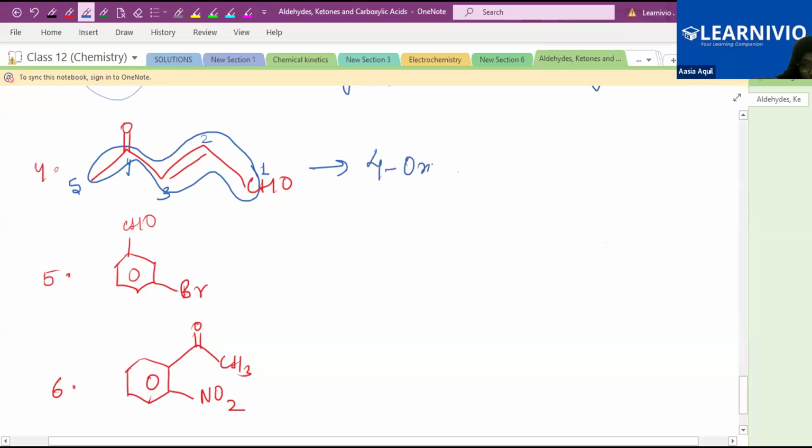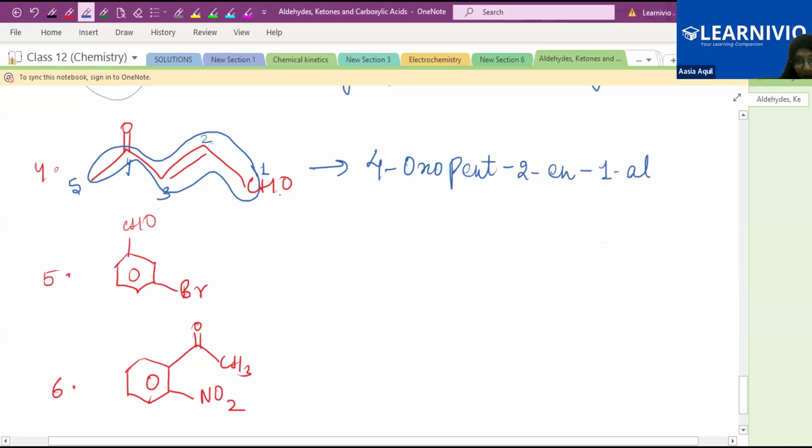4-oxo. And there is an unsaturation. You can see between the second and third carbon there is an unsaturation. First you will write the name: this is a 5 carbon chain. 4-oxopent-2-en-1-al.